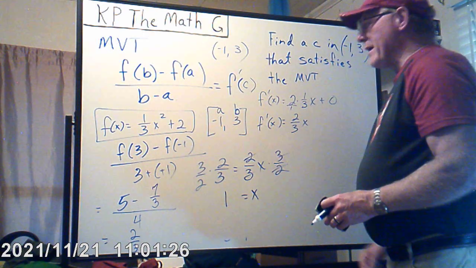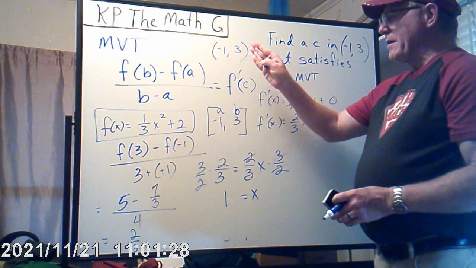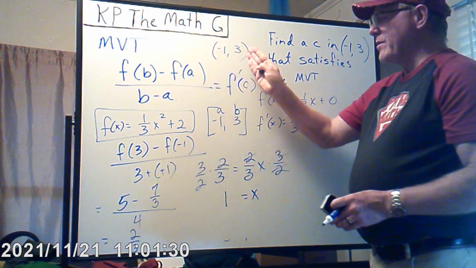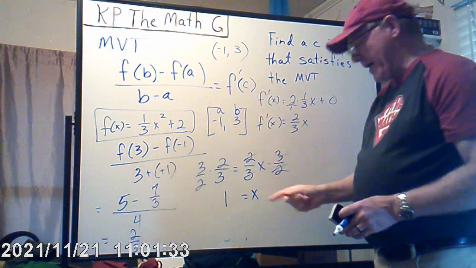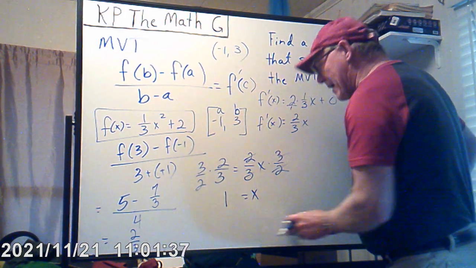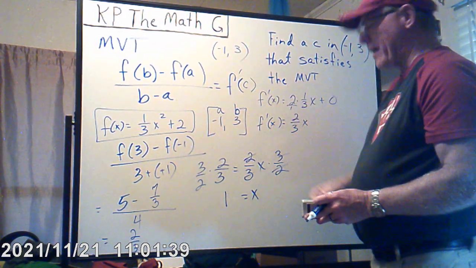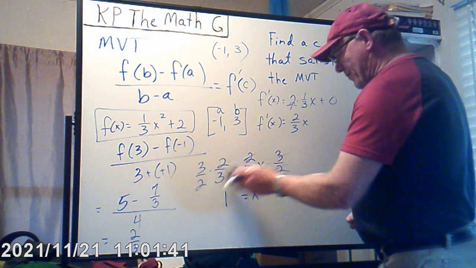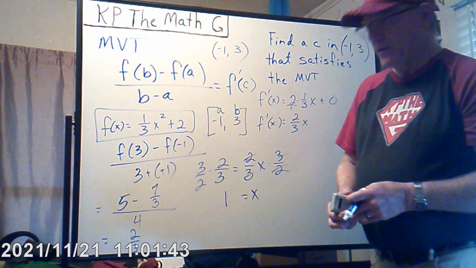If we get even -1 or 3 or even -2 or 4, we can't use that, okay? Because we want this to be in this open interval, and we wait until we find the final answer to do that.